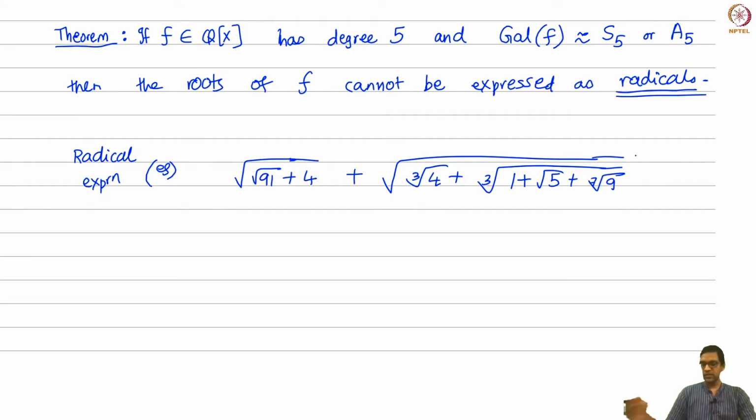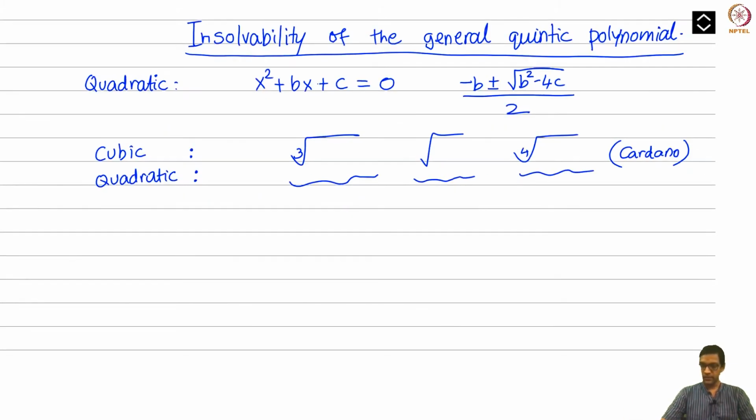Any such thing is what we would like to mean by an expression in terms of radicals. So what this theorem says is that you cannot get a formula for the roots of this form, which we are able to do for quadratic, cubic and quartic equations. Sorry, I called them quadratic again. This is what's called quartic, which is degree 4.